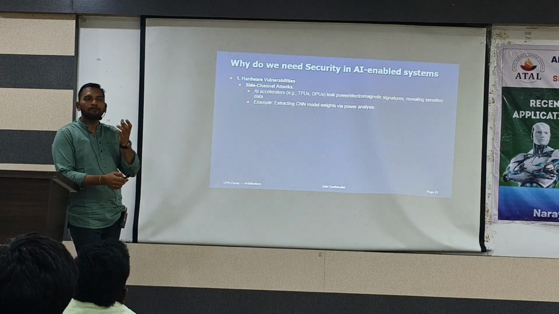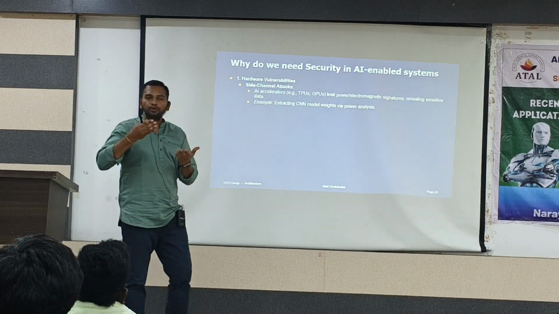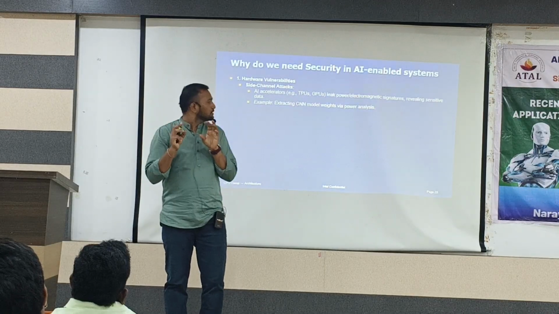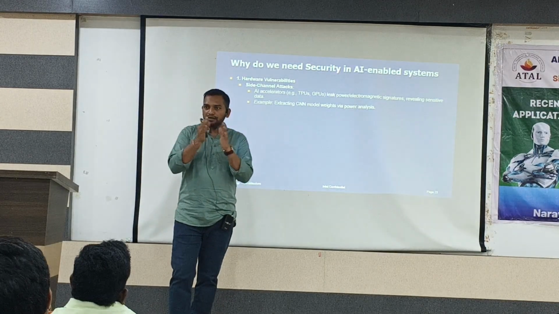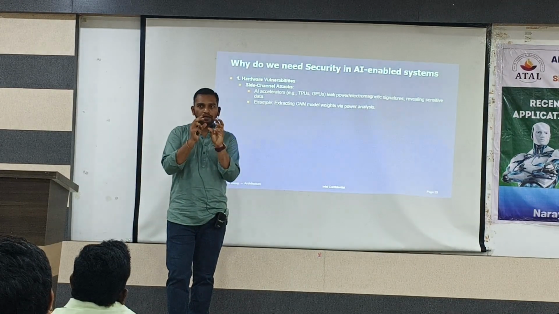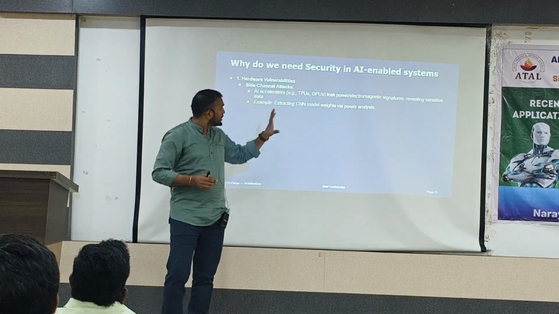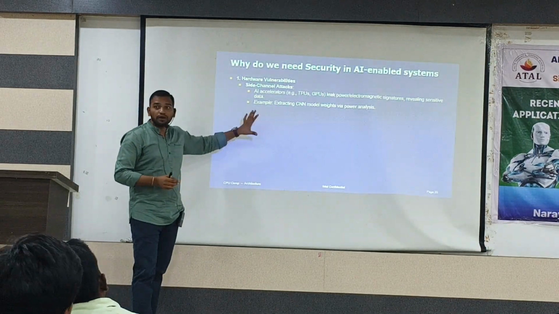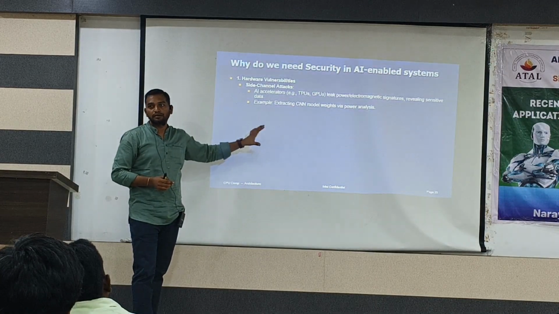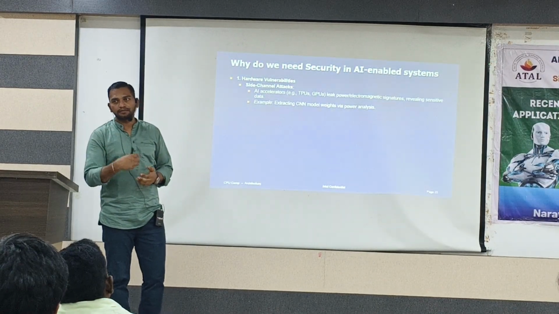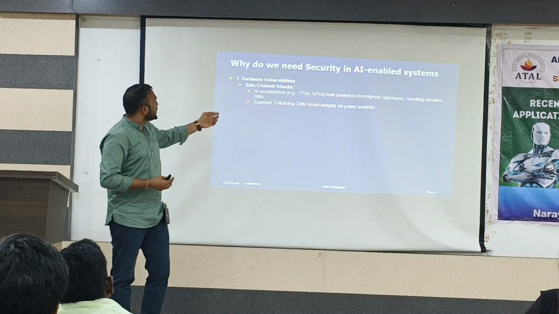For example, if you are accessing something in your cache, while accessing, there will be some electromagnetic discharges, and based on that leakage, attackers can infer data. This is very important. Only this slide will cover the entire security. Please try to understand. If you have any doubts, please put the questions.